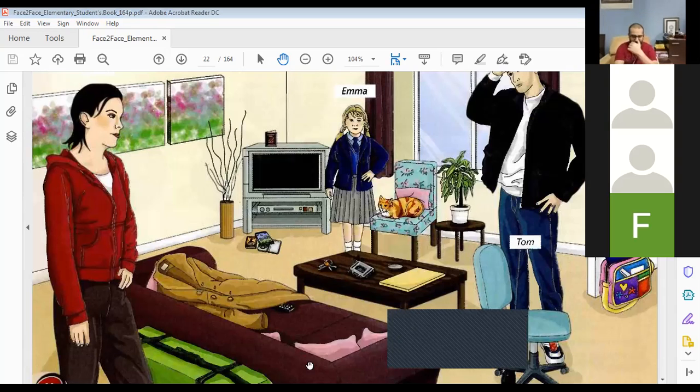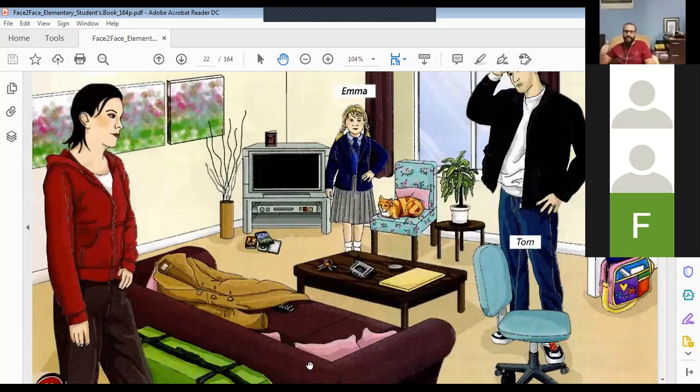Okay, so I think that's correct. So what are the different items, the different places for which items? We have Tom's keys. Wrong place: on the desk by the computer. The desk. Okay. What else? Emma's new shoes.